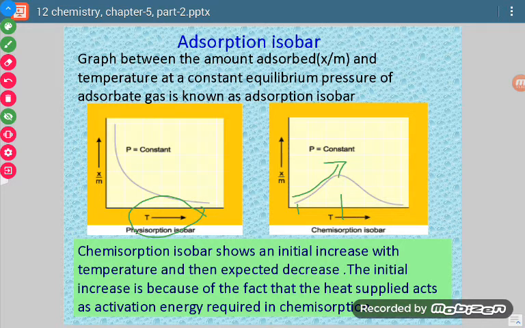Once the bonds are formed, it reaches the maximum value, and if we further increase the temperature, those bonds break, so it starts decreasing again. So the adsorption isobar is the curve between extent of adsorption and temperature when pressure is kept constant. For physisorption it shows a decrease in extent of adsorption with temperature, and for chemisorption it shows an increase, then a maximum, and then a decrease.